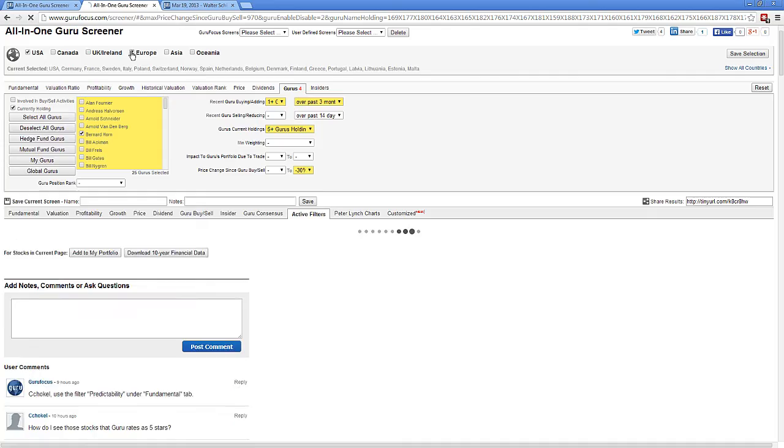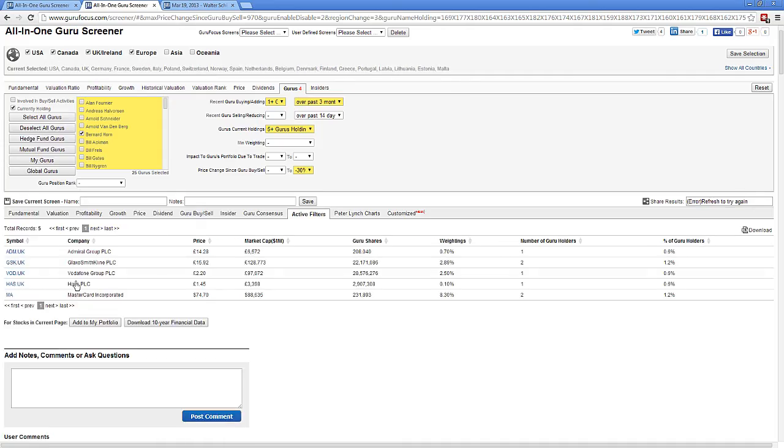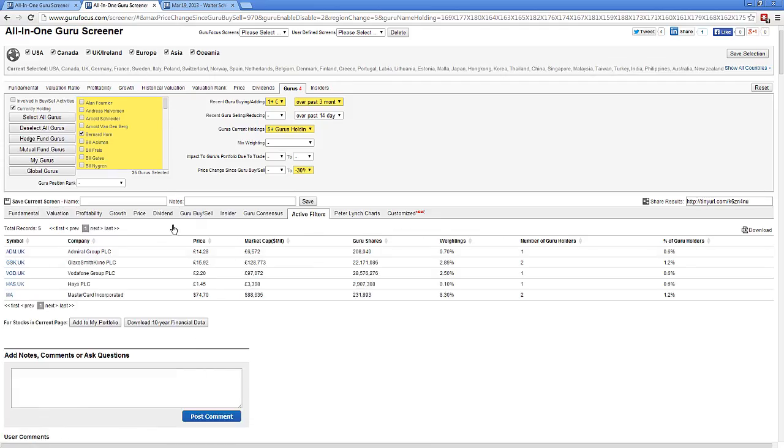And then, of course, if we click these other countries, we're getting stocks they bought in foreign markets. And it's, again, opening us up where we had 1, which is MasterCard. Now we've got 5. If we click Asia and Oceania, we'll probably get a couple more. Nope, just still 5. But it's really opening up your possibilities as an investor.